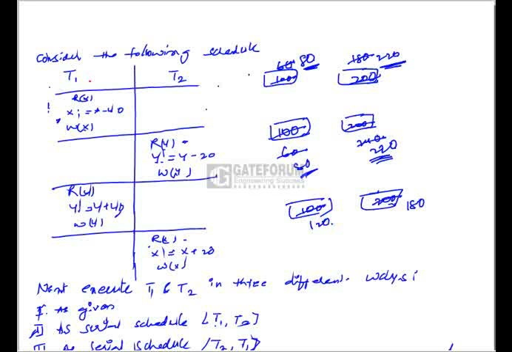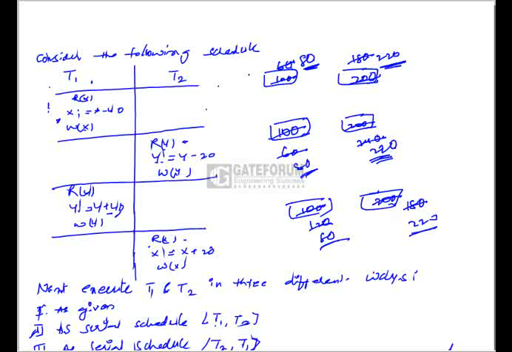Then we execute transaction T1, which reads X and 40 is subtracted, so 120 becomes 80, and for Y 40 is added, so 180 becomes 220. Here also the final values of X and Y are the same as in the earlier two cases.